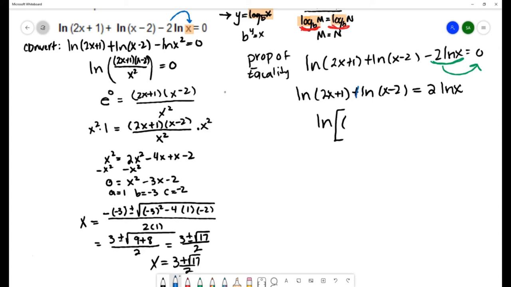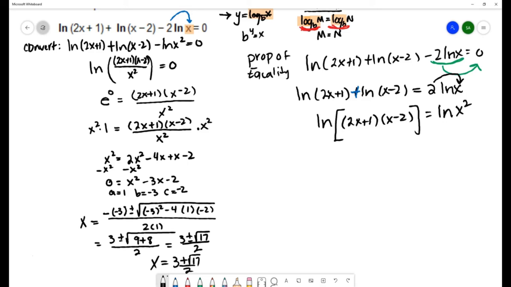So since these logs are added, I'm going to multiply the logs together. That's 2x plus 1 times x minus 2. And on the right-hand side, I'm using the power rule for logarithms. I'm going to move that 2 into the exponent. So that gives natural log x squared.